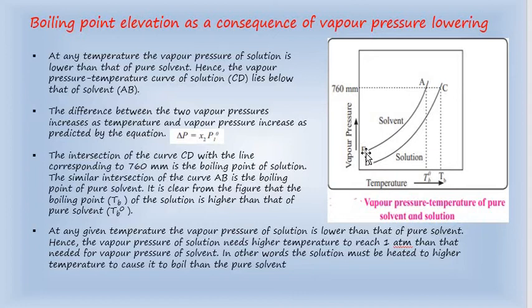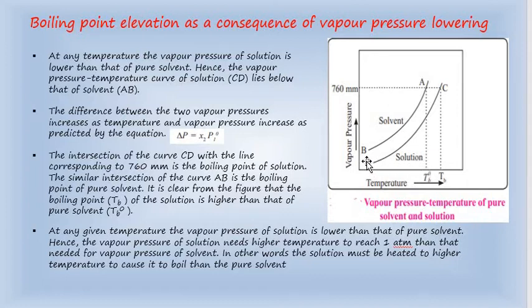If solvent is having higher vapor pressure, which it always has, suppose if heat energy is provided, it is meeting atmospheric pressure, which is 760 mm at this point A, and TB naught is the boiling point of the solvent.